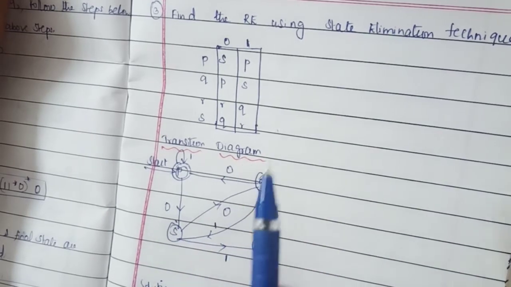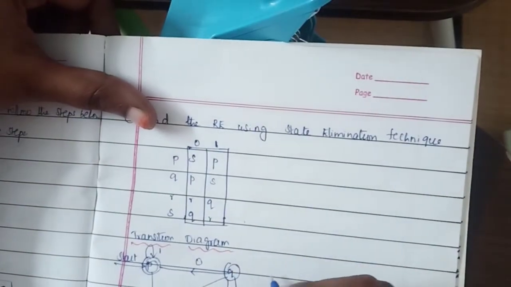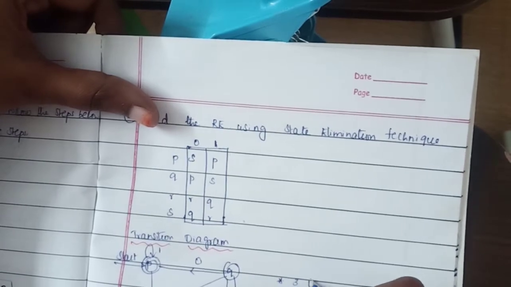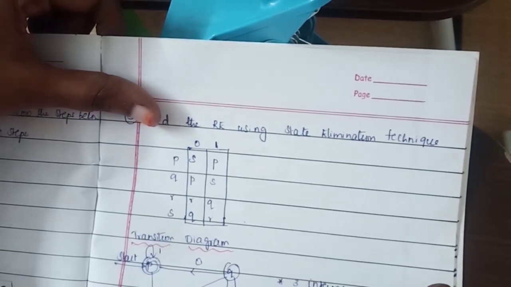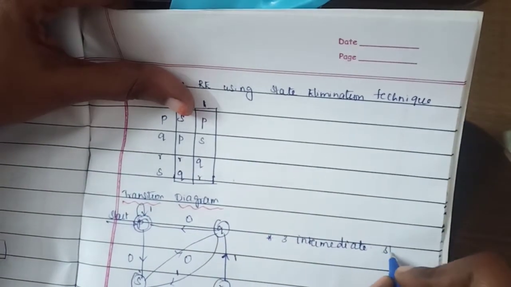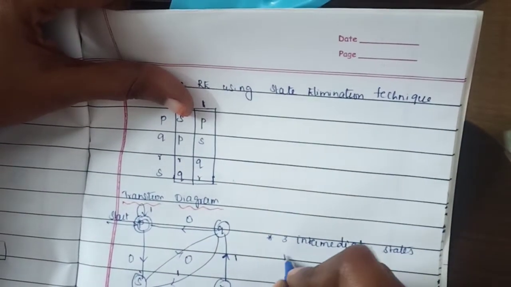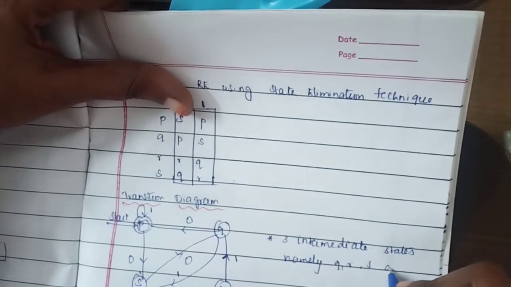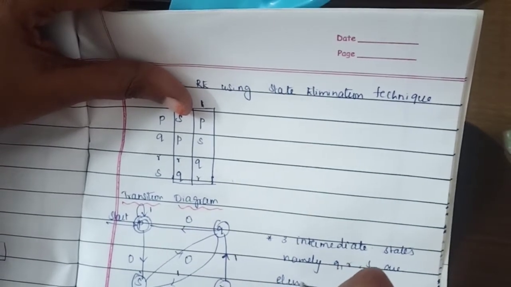Okay, now the solution here is that three intermediate states, namely Q, R, S, are eliminated.